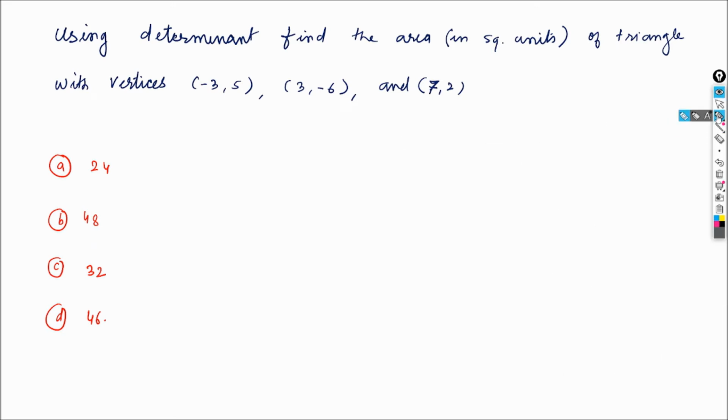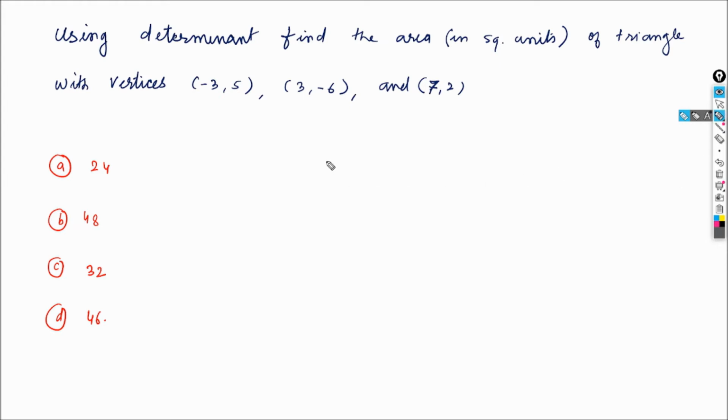So let us understand this question. Using determinant, find the area in square units of the triangle with vertices.